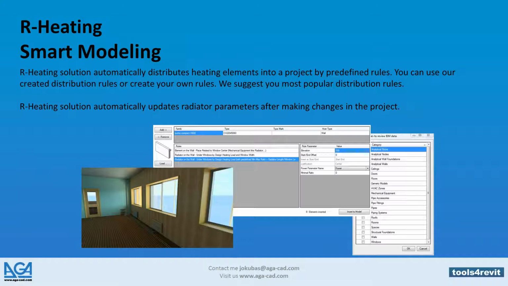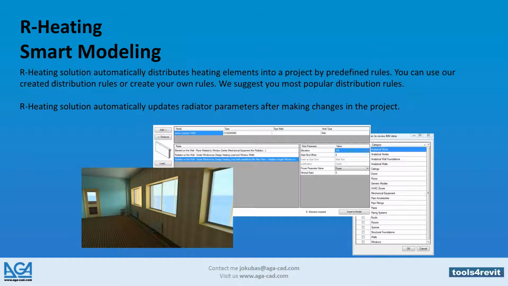The other possibility of R-heating is smart modeling. R-heating solution automatically distributes heating elements into a project by predefined rules. You can use your created distribution rules or create your own rules. We suggest the most popular distribution rules for radiators.